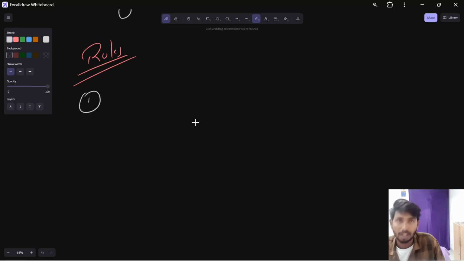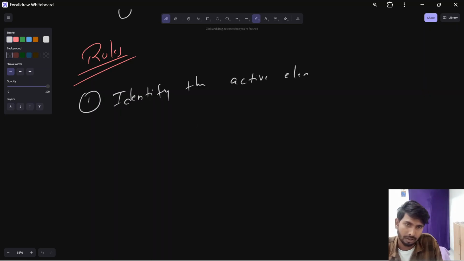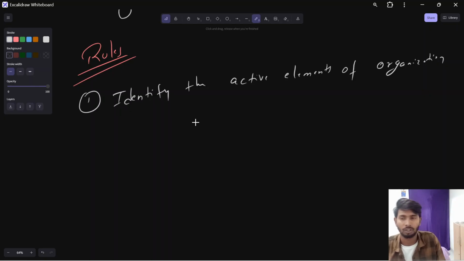So first is we have to identify the entity elements of organization, for what you create the ER model.